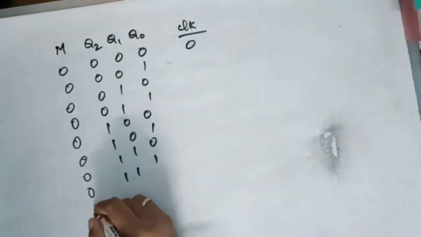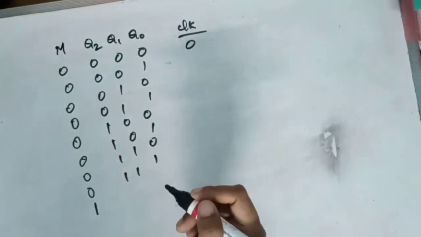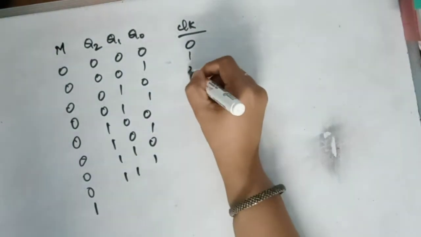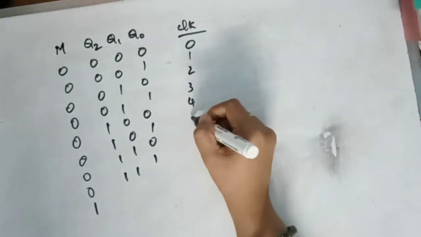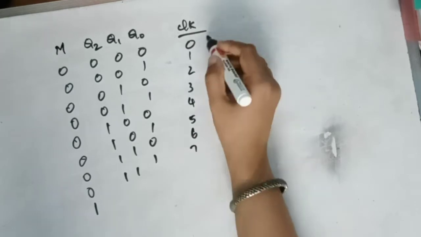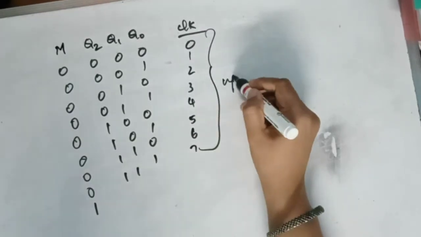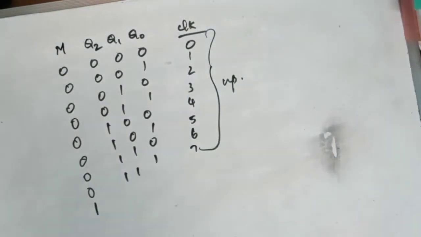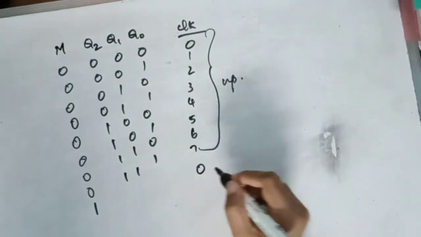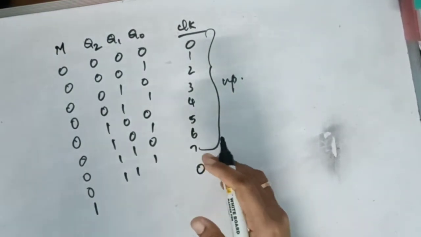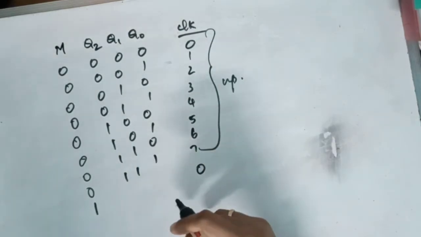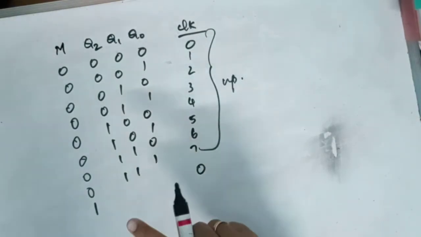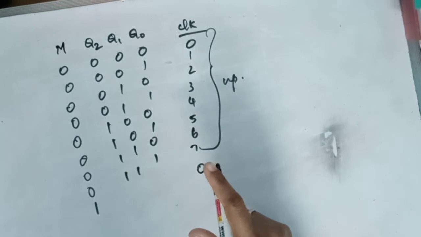Then if my m is equal to 1, this is 0, 1, 2, 3, 4, 5, 6, 7. This much is up count. Now if my M is 1, again clock is 0, because it's not the continuation of the up counter. It is either up count or down count.